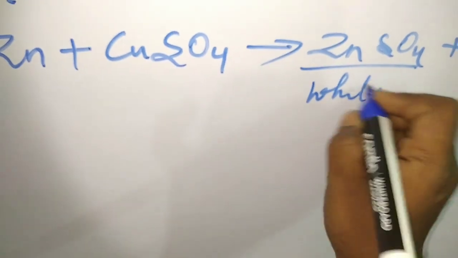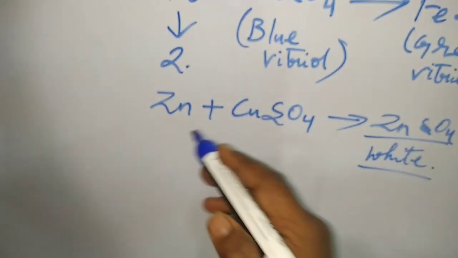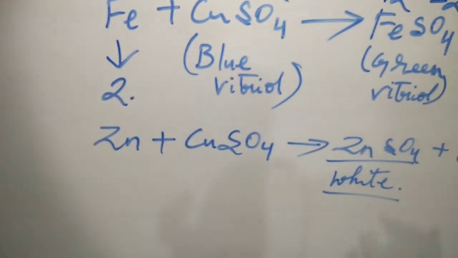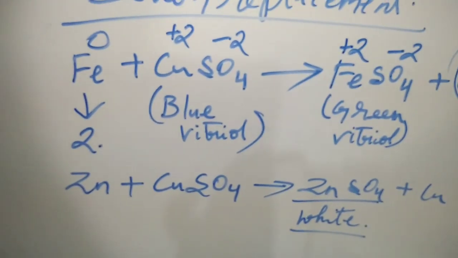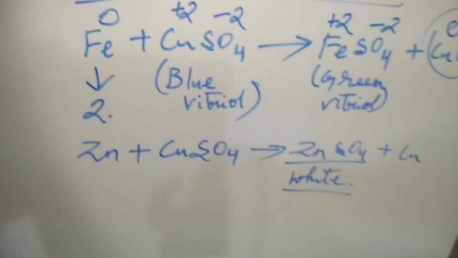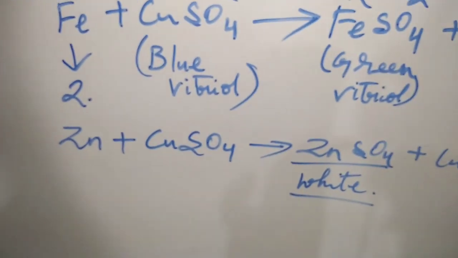What vitriol? White color, white vitriol. What will happen when zinc will react with FeSO4? Same we see in the previous example only. Yes, students, it will form again ZnSO4, and that is also white, because ZnSO4, the compound, is white vitriol.